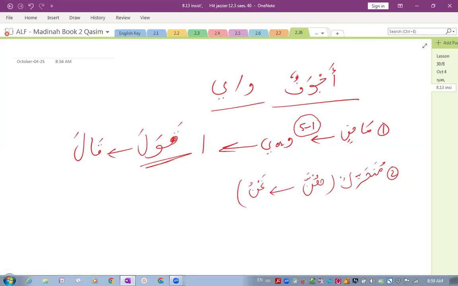So when we reach mutaharrik pronouns, you can have three scenarios again. Scenario A is when you have fa'ula, with the dhamma on the middle radical. What happens?